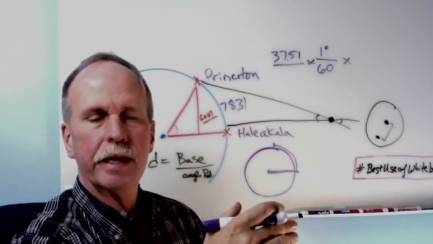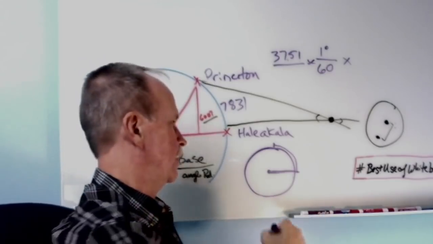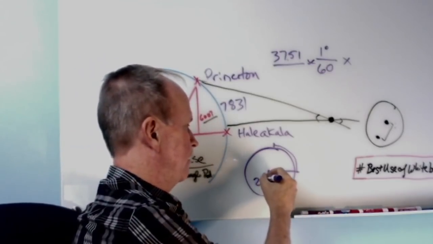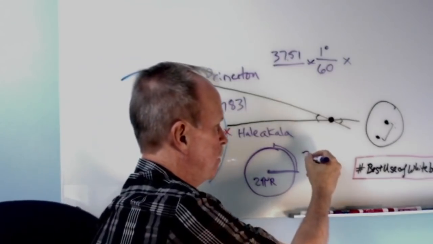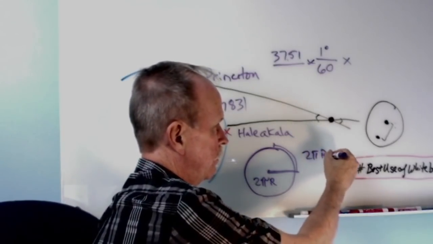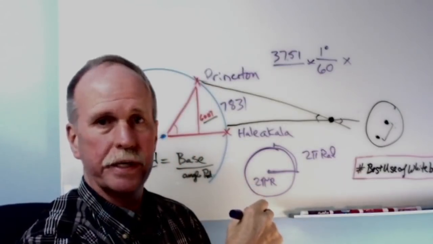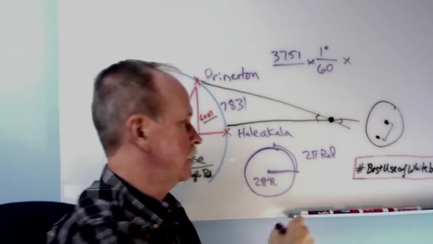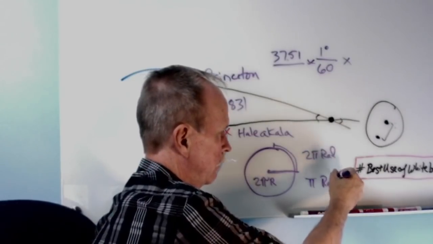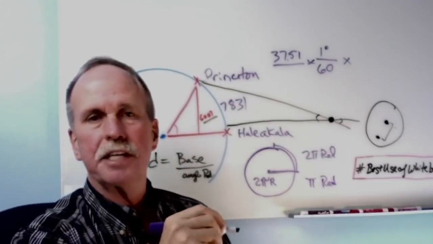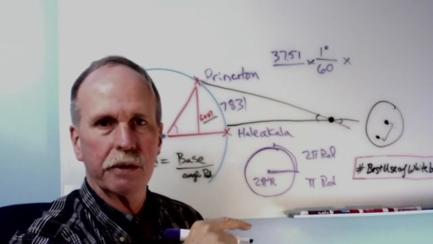We know that there are 360 degrees, but how many radians? Well, what's the formula for a circle? It's 2 pi times the radius. So there are 2 pi radians in a full circle, that's 360 degrees. In half a circle, there's 1 pi radian, and that's 180 degrees. Each radian is about 57.3 degrees.